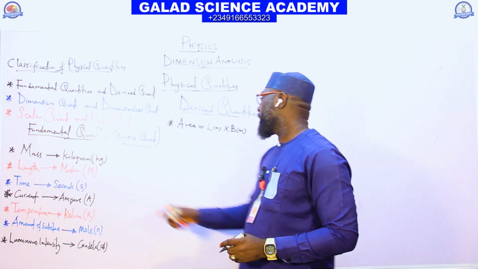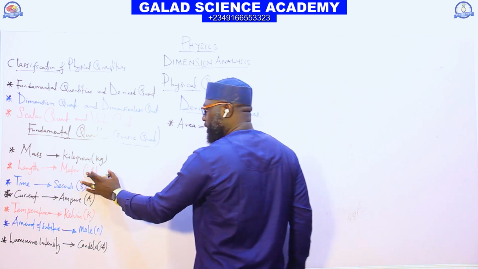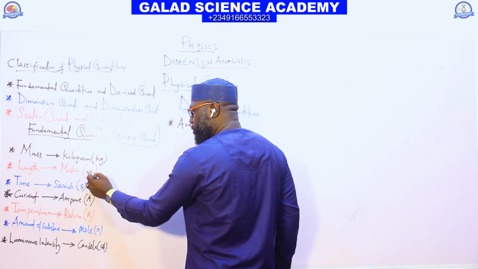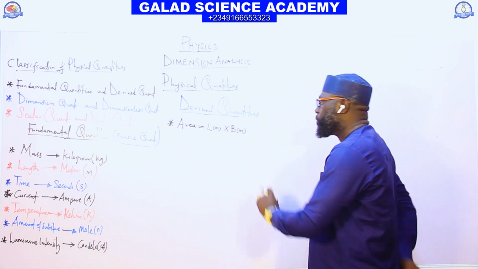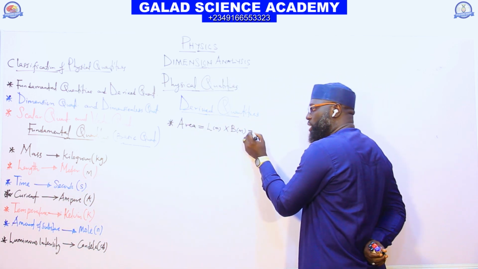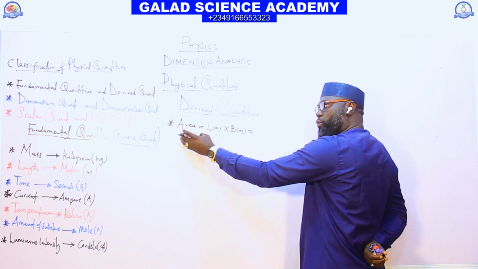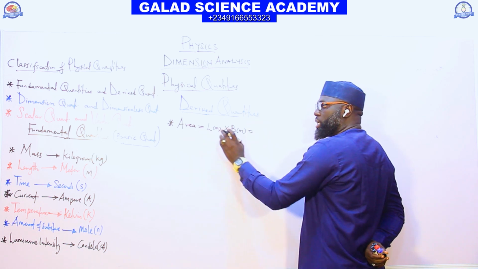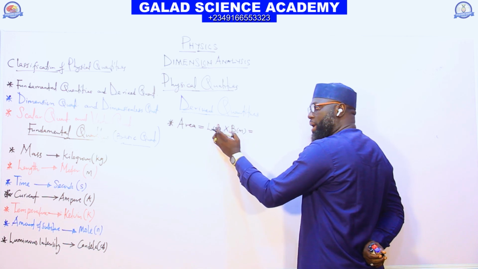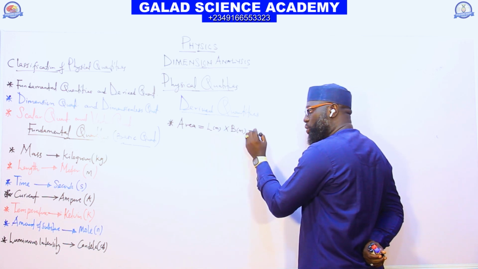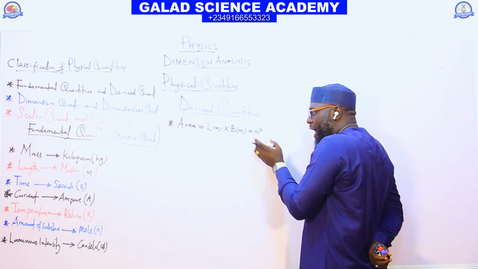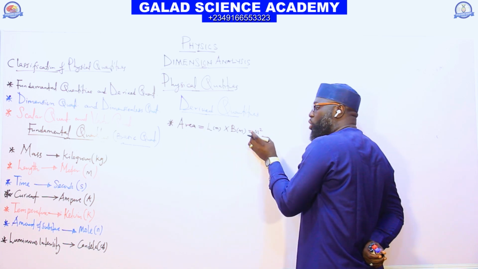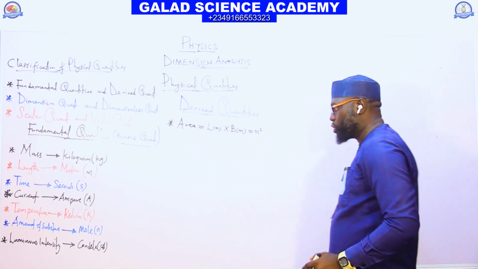The unit is meter, small m. So what will be the unit for this derived quantity? Meter times meter, m times m, 1 plus 1 will give you m square. And the unit of this area here, you call it derived unit.